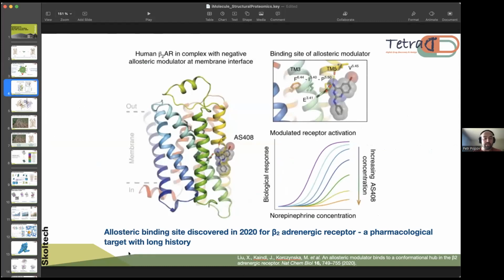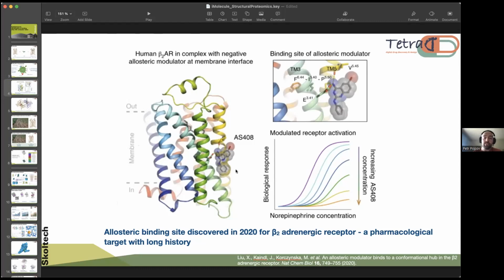This is a recent example published in Nature Chemical Biology about the beta-2-adrenergic receptor, a pharmacological target with a long history. Here you can see the picture of this receptor. The upper part corresponds to the extracellular part, the bottom part to the interior of the cell, with the membrane shown here. The orthosteric binding site is located somewhere here. You may see the gray sticks corresponding to the orthosteric ligand.